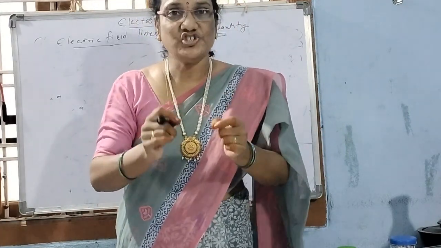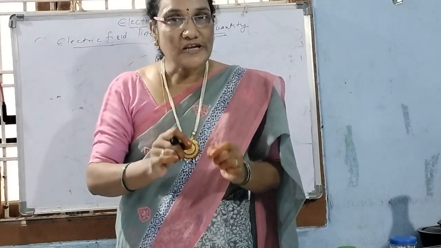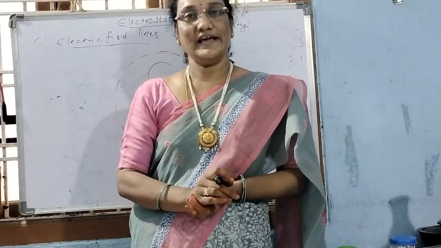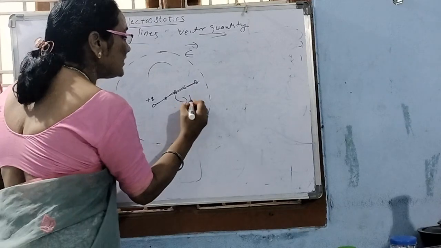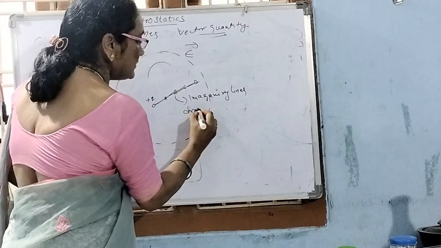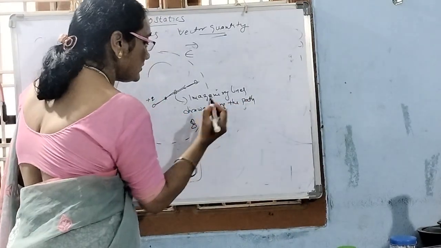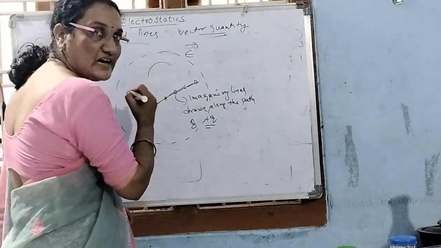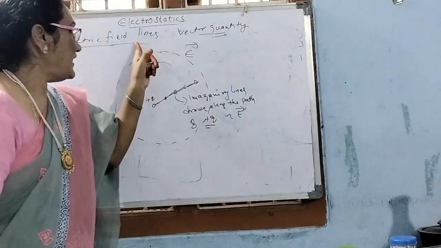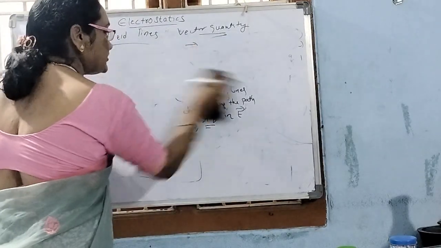These imaginary lines drawn along the path of a unit positive charge moving in an electric field, we call electric field lines. Right?